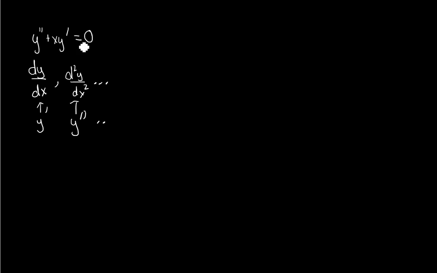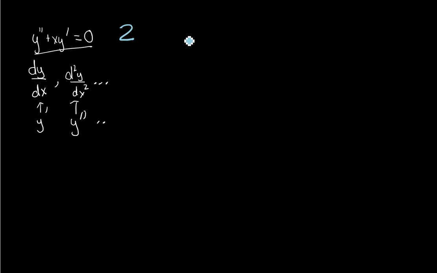Now let's continue on to orders. The order is the highest derivative found in the equation. For example, in this equation, the order would be 2 due to the second derivative.